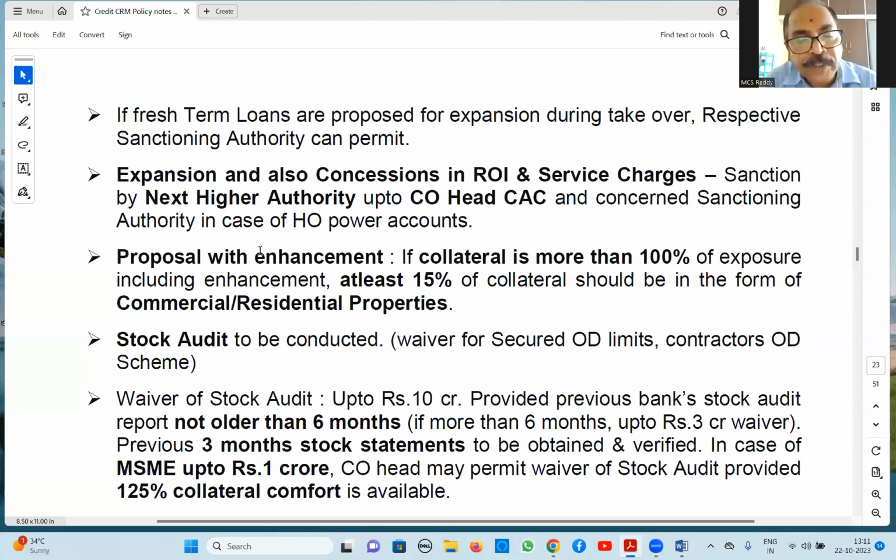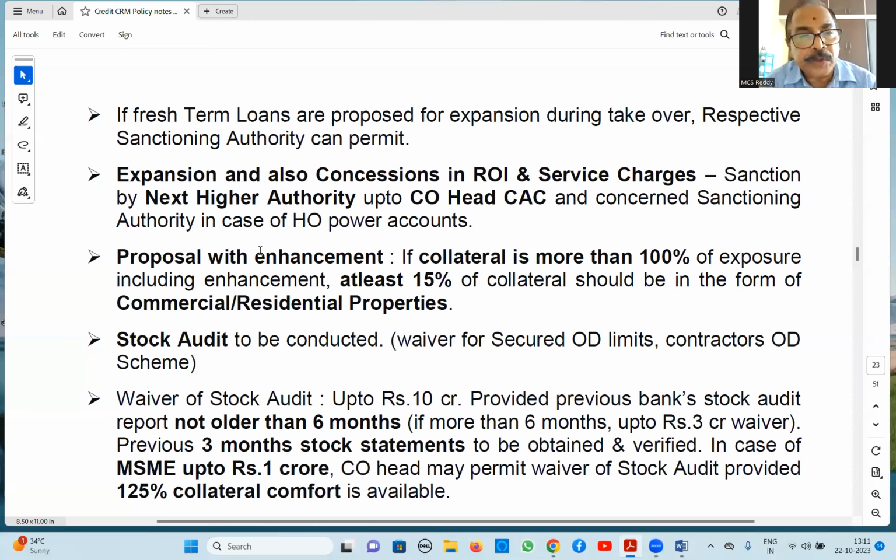Next, proposal with enhancement. If collateral is more than 100% of exposure, including enhancement, at least 15% of collateral should be in the form of commercial or residential properties. Wherever proposal with enhancement is there, collateral normally should be more than 100%. Then only we will enhance.